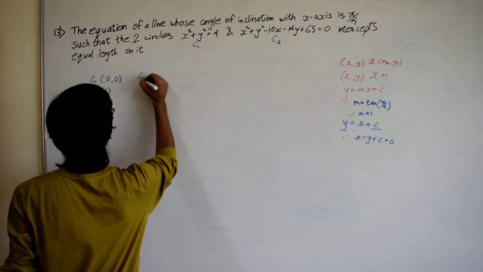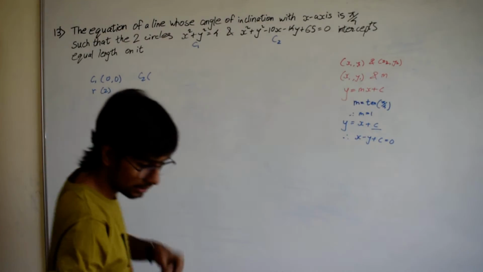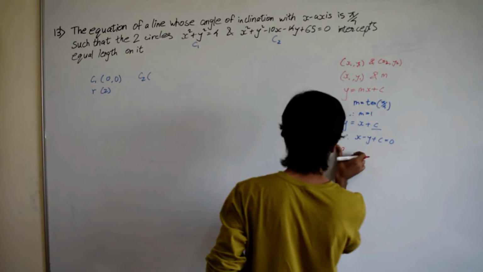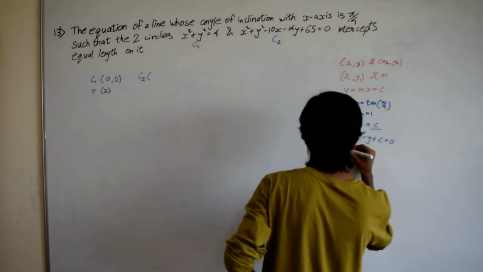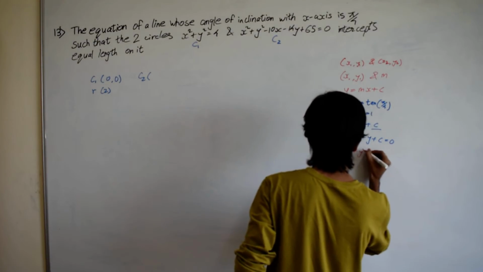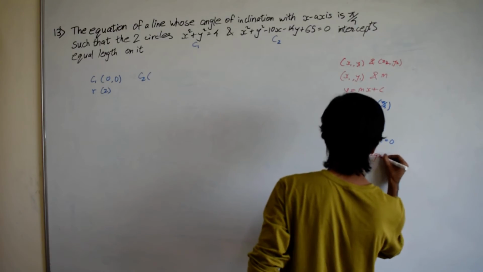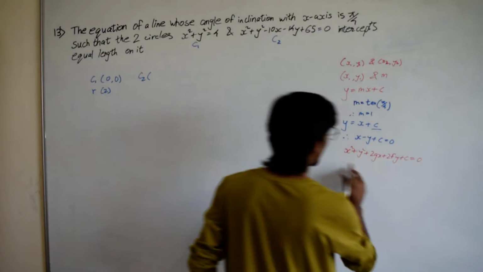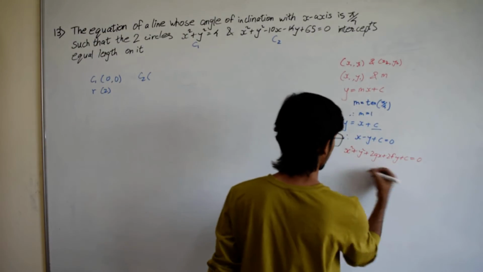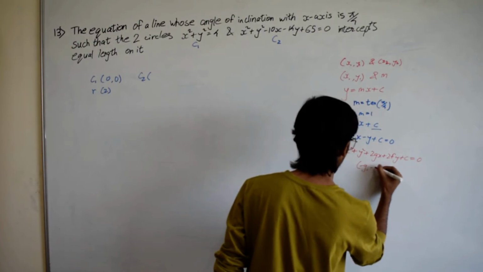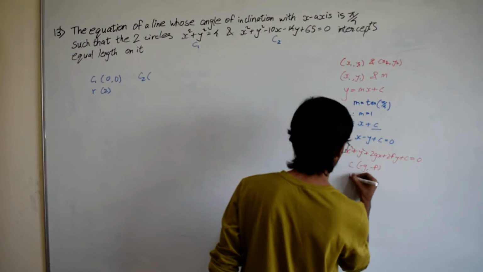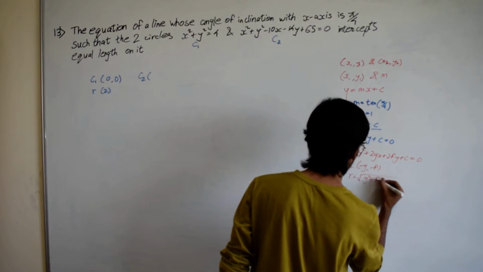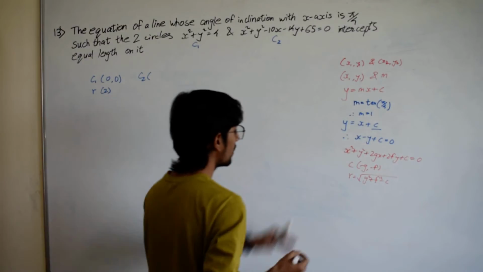For circle C2, the general equation of a circle is x square plus y square plus 2gx plus 2fy plus c equals 0. For the general equation of a circle, the center is given by minus g comma minus f, and the radius is given by root of g square plus f square minus c.